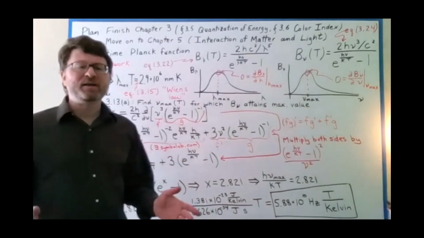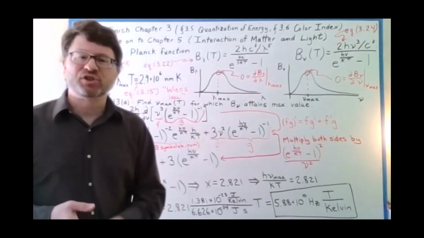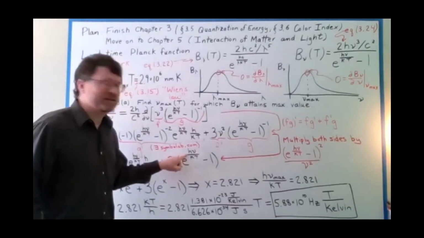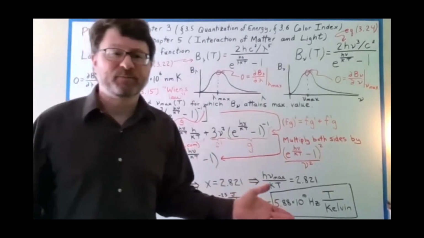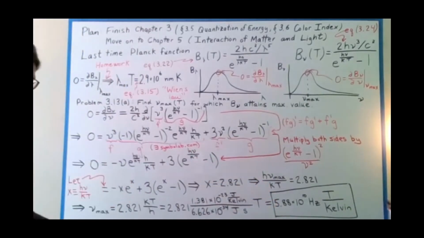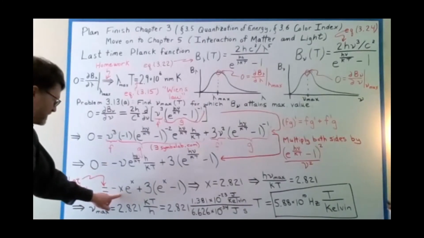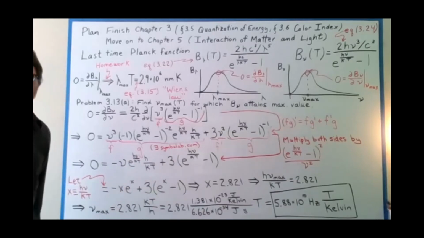So if we define this variable x, which is dimensionless, by the way, h nu is an energy, kT is an energy, it had better be dimensionless because we're taking e to that quantity, and you always take e to a dimensionless quantity. If we introduce this variable x, which is h nu over kT, then actually this starts to look somewhat simple. We have negative x from the h nu over kT, e to the x in the first term.